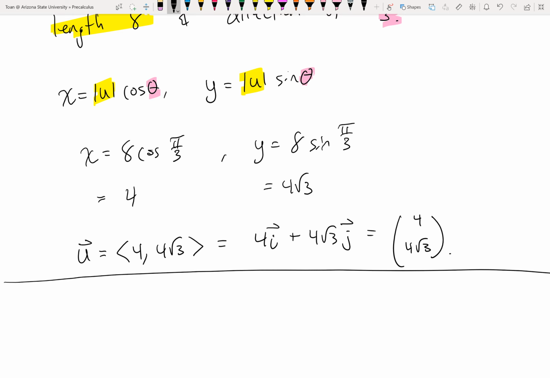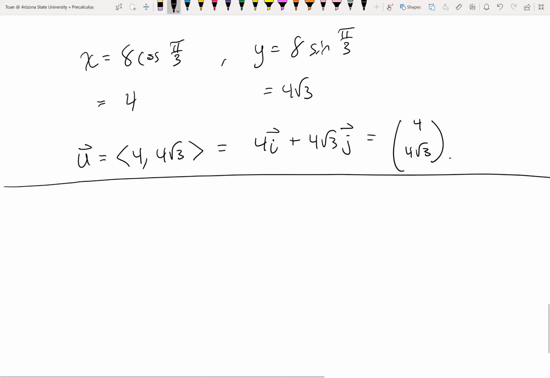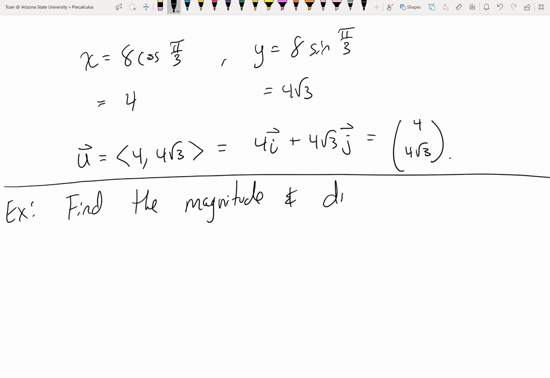Let's just go ahead and do the other direction for the sake of the completeness of the notes. Find the magnitude and direction of a vector u, which has components, I don't know, 2 comma negative 3.